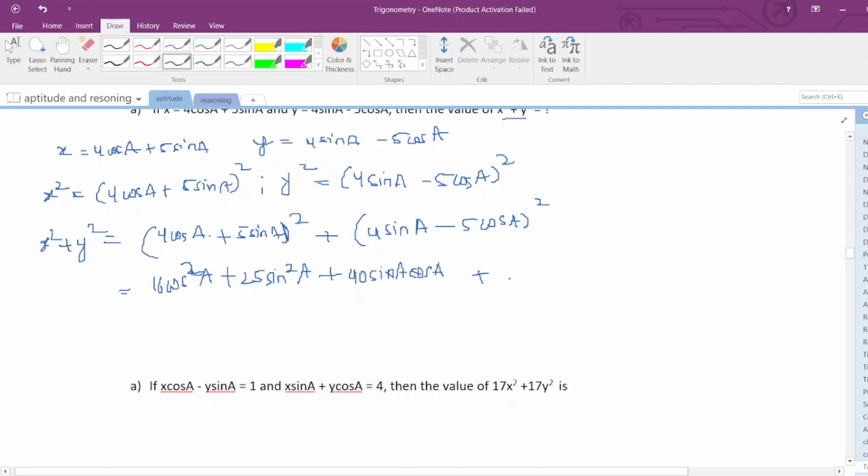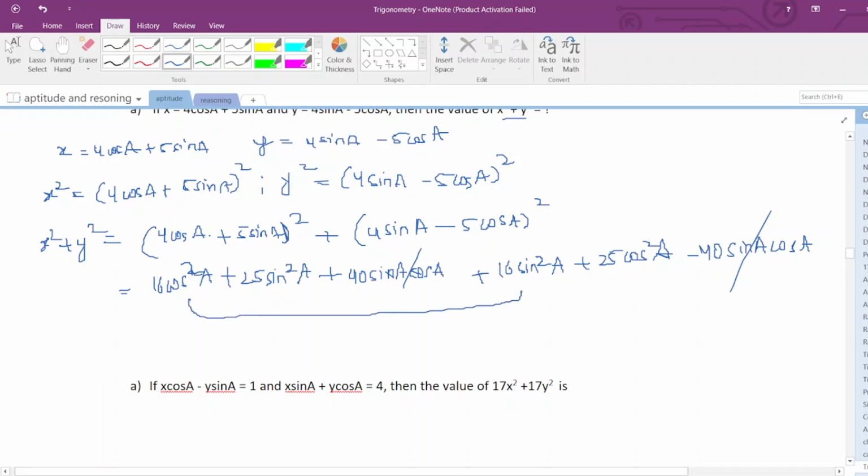In the same way, this one is in the a minus b whole square form. So now we get 16 sin square a plus 25 cos square a minus 2ab, so minus 40 sin a and cos a. So this one and this one will cancel each other.